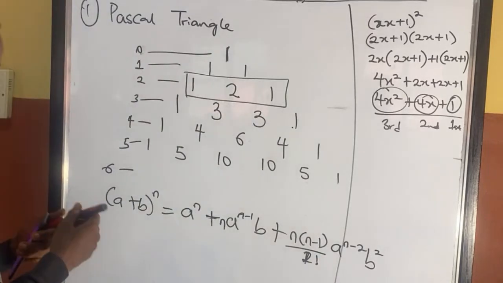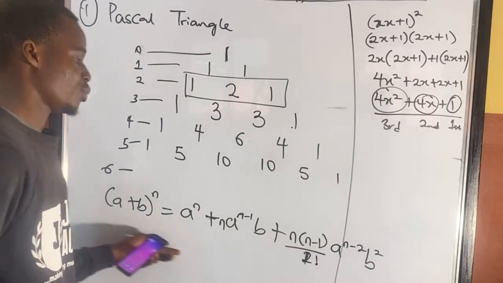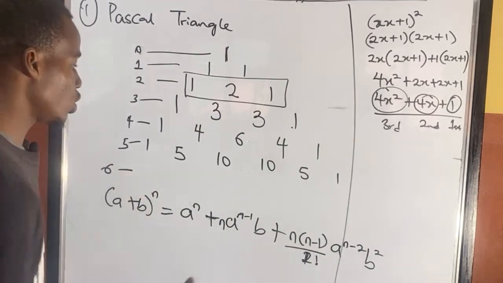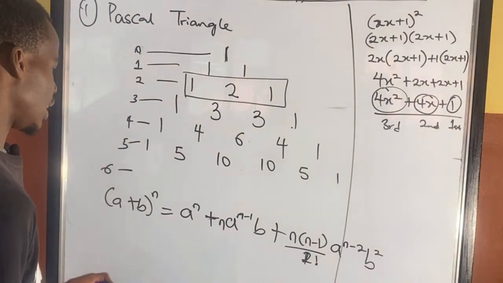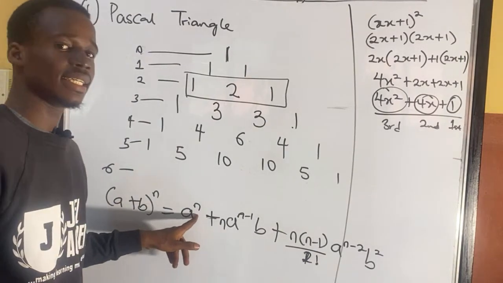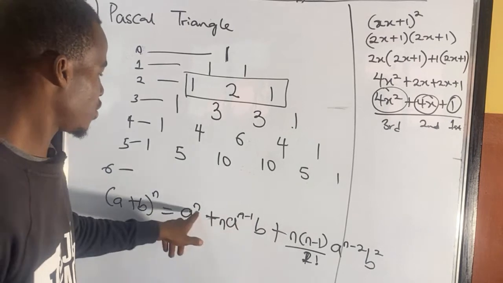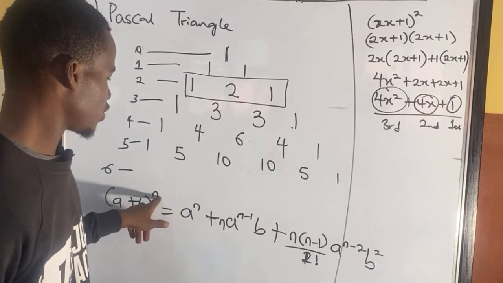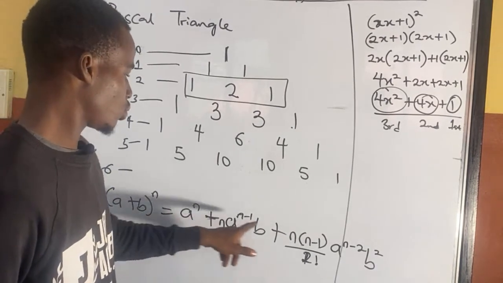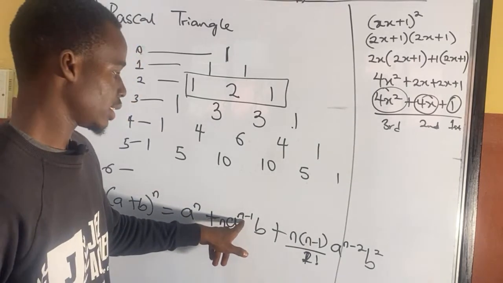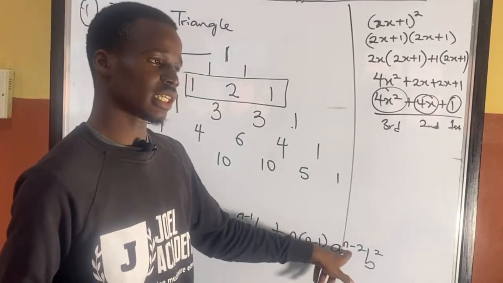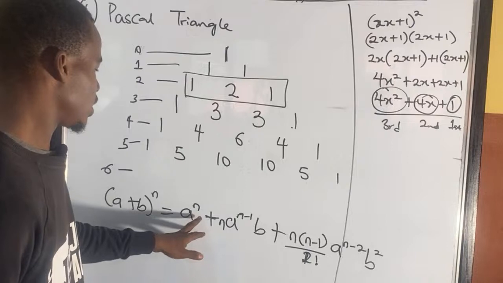Now, what you notice, I've not really come to the point where I'm going to explain this formula, but what you notice is that A is reducing from n. It started with the highest form. Let's say n is 9. It moves to n minus 1, 8. It moves to n minus 2, 7. While B is increasing.